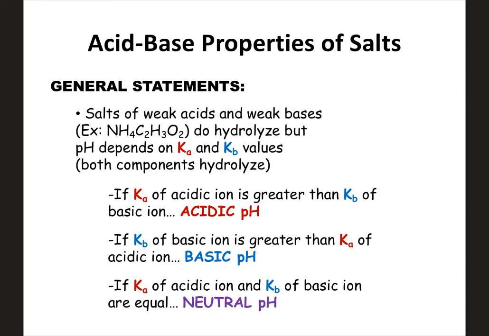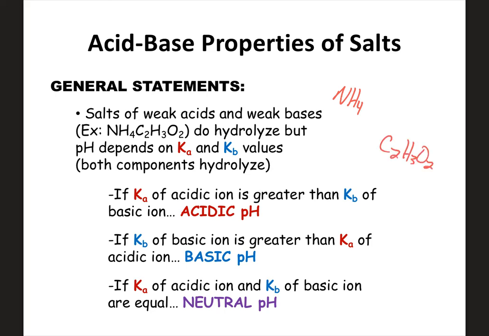The last thing we want to look at is, what if you have a salt that came from a weak acid and a weak base? Well, these do hydrolyze, but it depends on the Ka and Kb values for both, so you have to compare them. If we look at this salt, NH4C2H3O2, and split it apart into its ions, you have NH4+ and C2H3O2-.